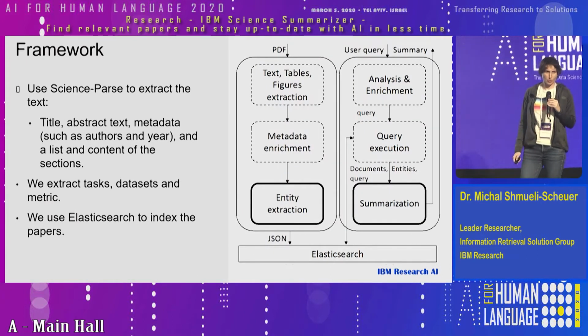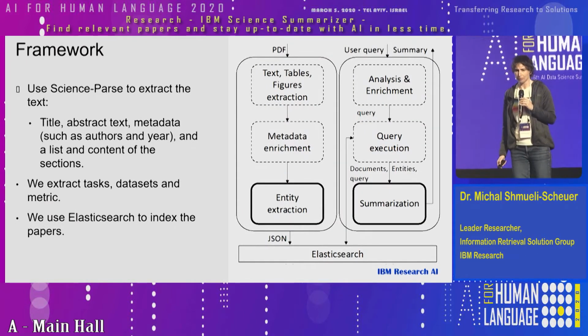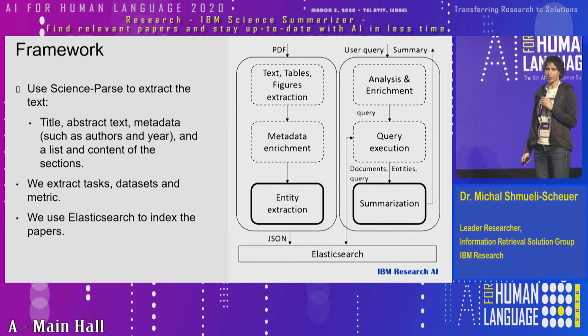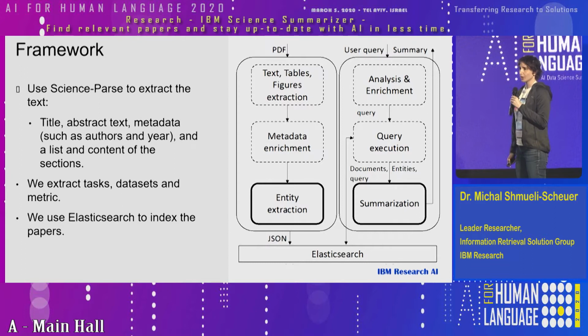Okay, so how does it work? We have first a pipeline of ingestion in which we acquire the PDFs, in our case, the papers. First, they go into some extraction phase. We use Science Parse, which is a tool from Allen AI, in order to extract the content, so the text of the paper, figures, tables, title, abstract, author names, and so on.